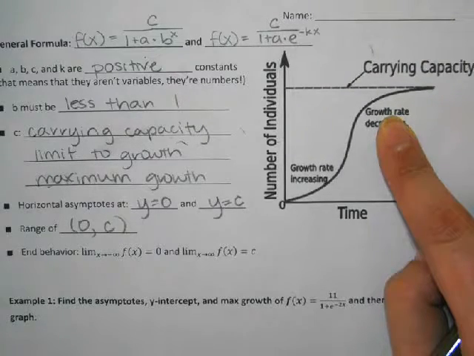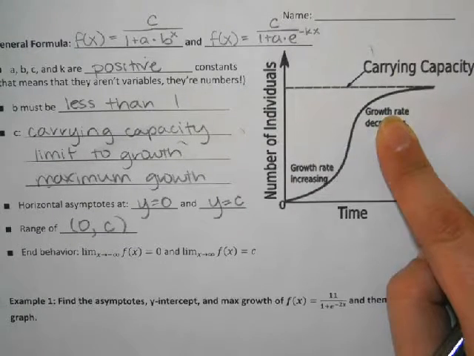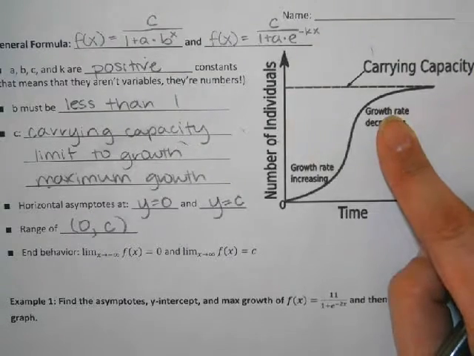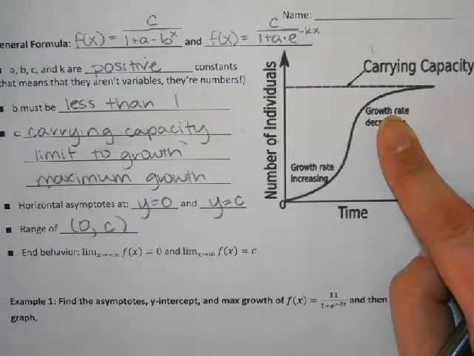Like, there's a lot of space, right? But we're going to run out of resources, and we can't have that many people. That makes sense? Okay, so logistic functions are typically used with populations of real living things because this is how real living things act. There's only so much space. There's only so many resources, okay?